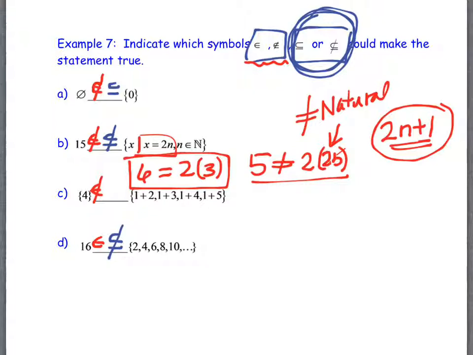Kind of like when we looked at part B and we said, okay, what is this really describing? What elements are in this set on the right-hand side? This set that we were given in part C is simply a funny way of writing the set 3, 4, 5, 6. Isn't it? Yeah, that's what it is.